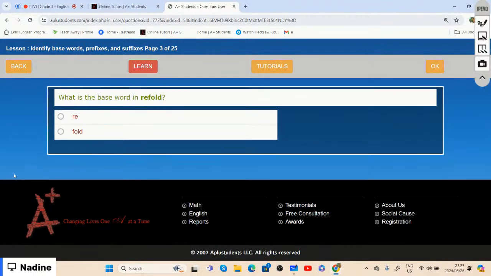All right, what is the base word in the word refold? The base word, the word that can stand on its own in refold. Is it option 1, which is re, or option 2, which is fold?